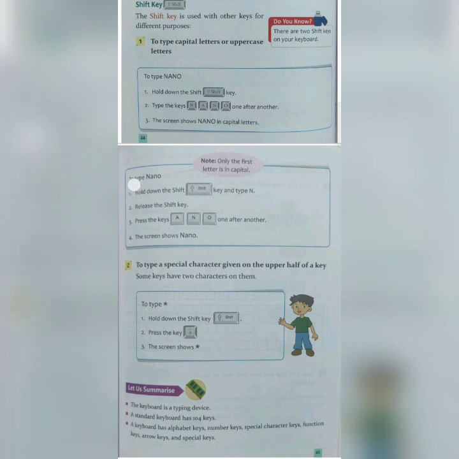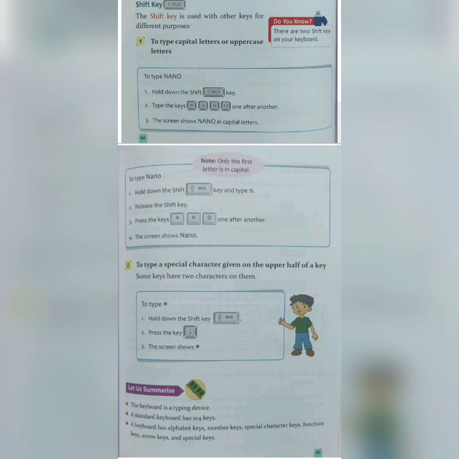Okay. Next, to type a special character given on the upper half of a key. Some keys have two characters on them. So how will you write star? It is a special character. When we are highlighting something, we put a star mark to point out that a particular line is important.